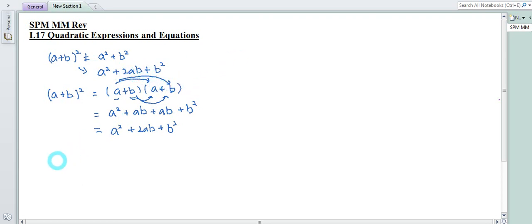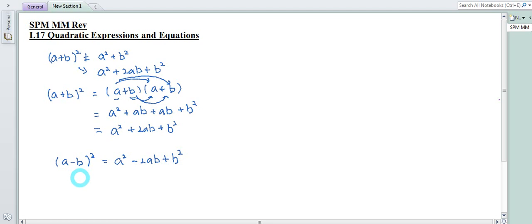The same thing if you have (a - b) squared. It's not equal to a squared minus b squared, but it's equal to a squared minus 2ab plus b squared.